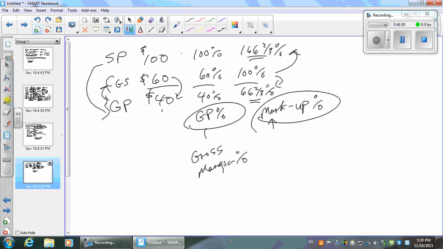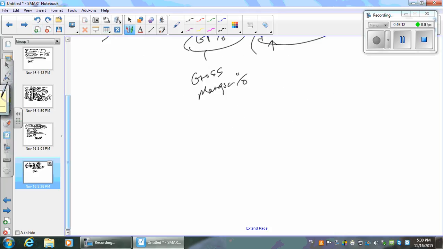that's markup, okay? And what if they say it's a 300% markup? What could a 300% markup be? Two different things. Let's do a 300% markup. Sales price, cost, gross profit. If this is 100, give me a 300% markup. Give me two different ones.